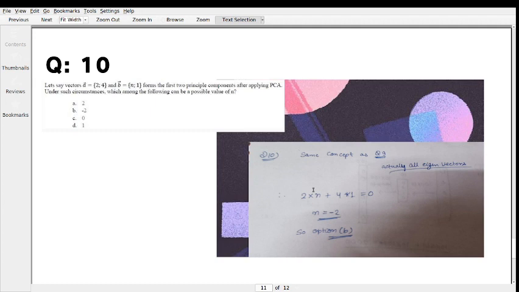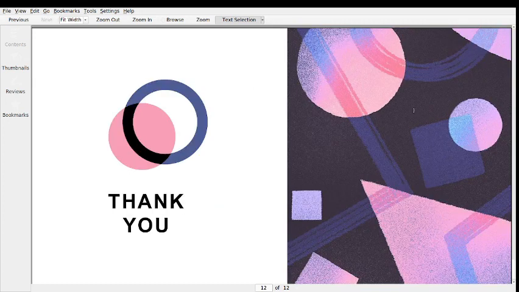We are using the dot product, and we know that for perpendicular vectors it needs to be equal to 0. So 2 into n plus 4 into 1, that is 2n plus 4, is equal to 0. So n is minus 2, so option B. In this way I have solved the problems.